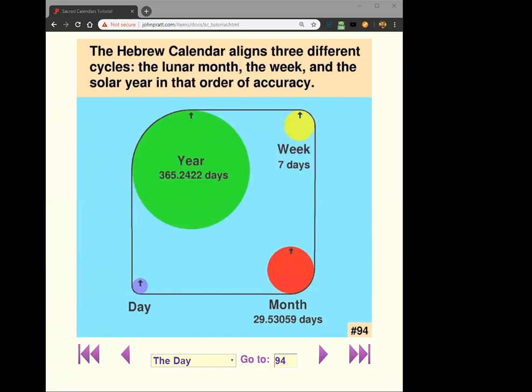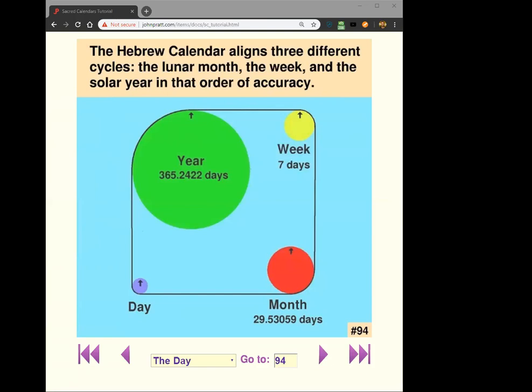And it starts in the spring. We'll talk about that. So the first day of Nisan can only happen on 4 days of the week, and that's how it aligns with the week. It's not a strong aligning, but it's within a couple of days of whatever else you're lining up with.